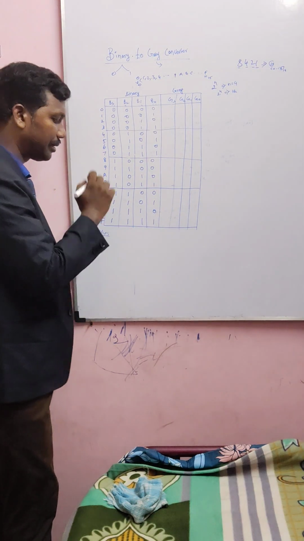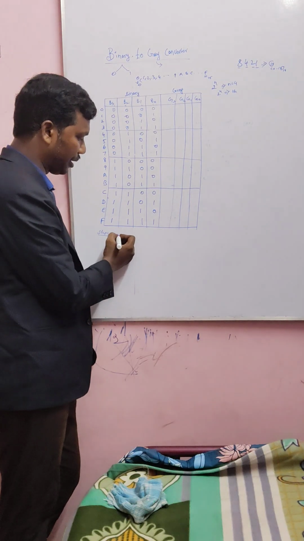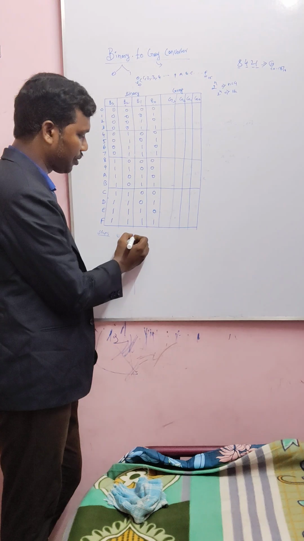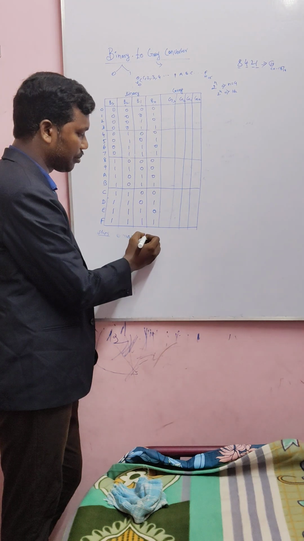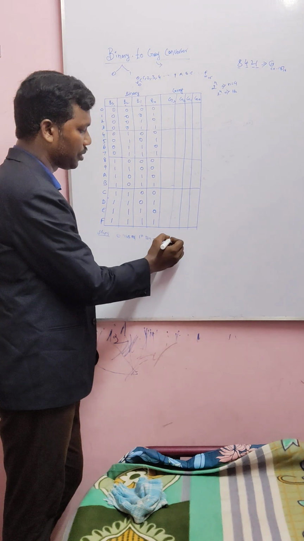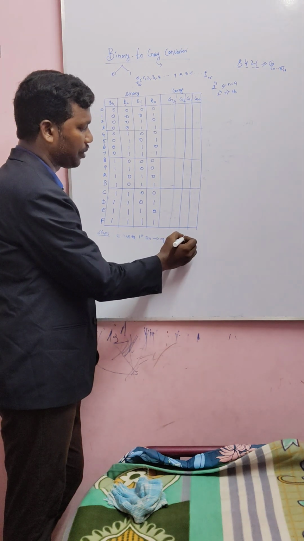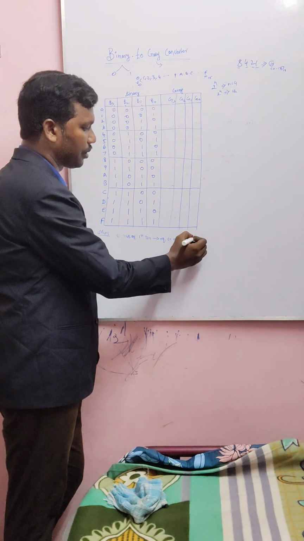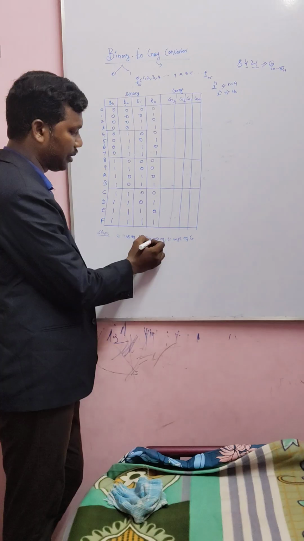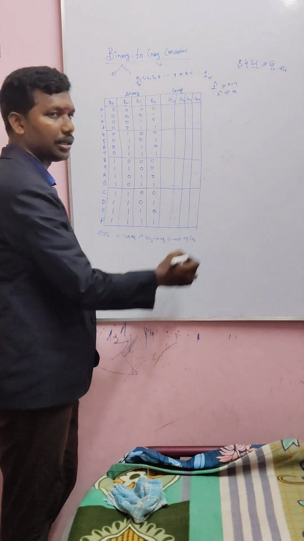G3 will be as it is. What is the MSB in binary? The first step will be the MSB of the first binary is equivalent to the MSB of gray. That means the first MSB B3 is equivalent to G3.